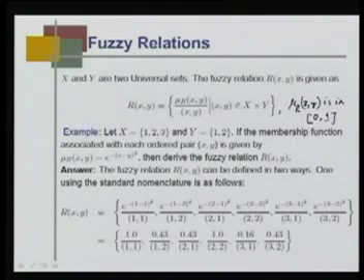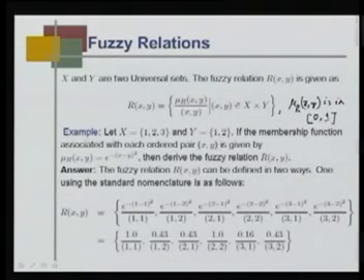So, now let us derive the fuzzy relation if this is the membership function. So, the fuzzy relation is, of course, all the ordered pairs we have to find out: 1 1, 1 2, 2 1, 2 2, 3 1 and 3 2. These are all the sets of ordered pairs, and the associated membership function you just compute e to the power minus (x minus y) whole square.